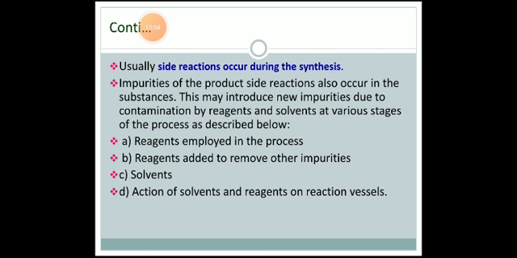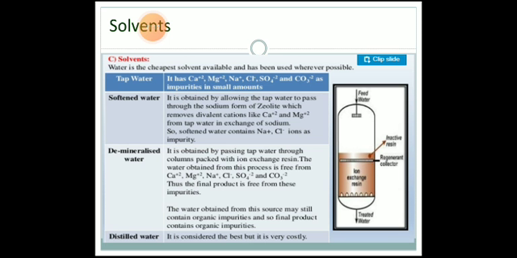The reagents employed in the process: reagents added to remove other impurities, solvents, and the action of solvents and reagents on reaction vessels. Regarding solvents, water is the cheapest solvent available and is used wherever possible.